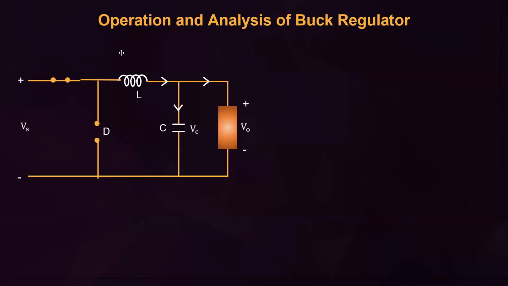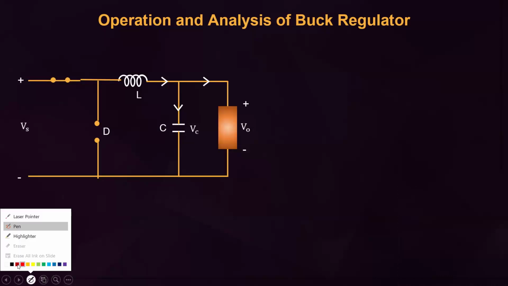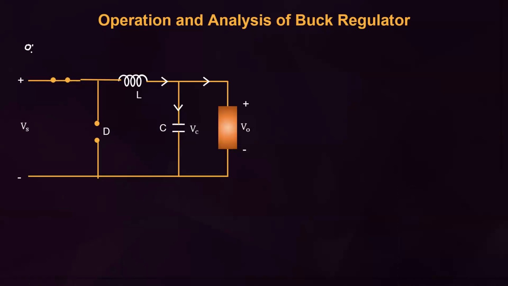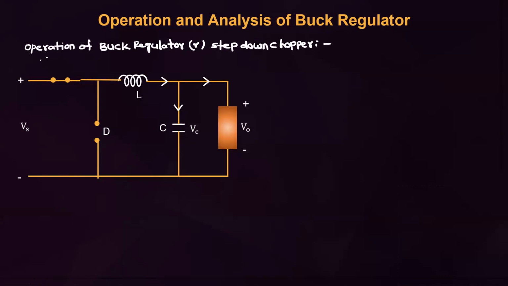What is the operation of the chopper? Buck regulator, step down chopper. First, I am explaining for continuous mode, with the assumption of continuous mode.